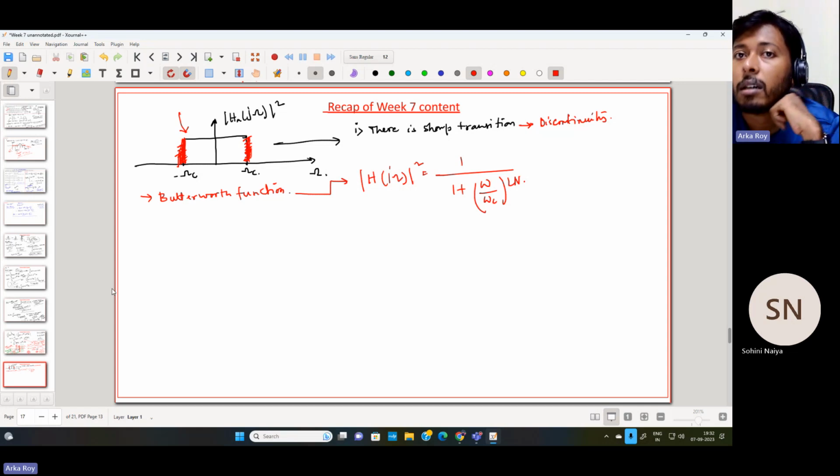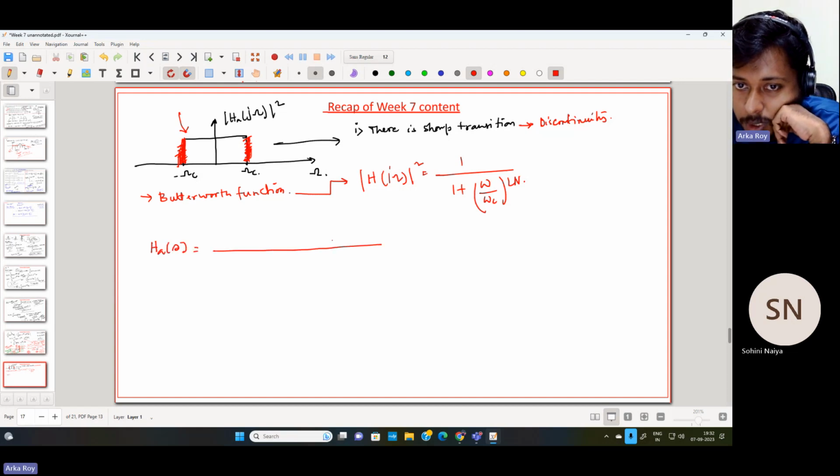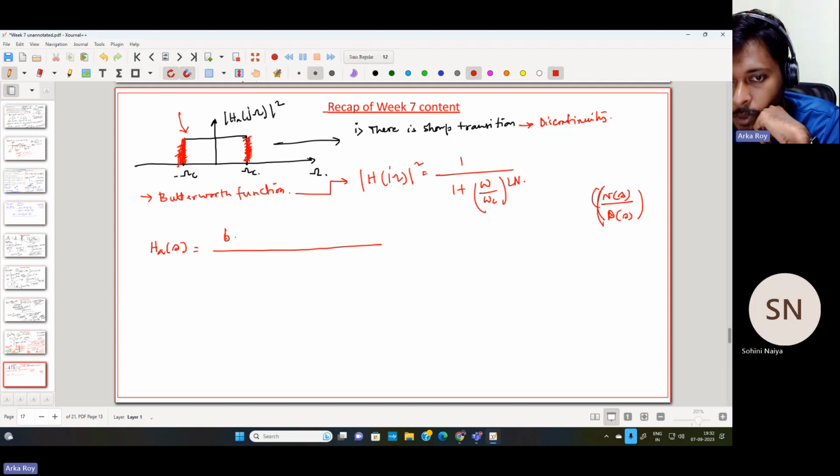As far as filters are concerned, the Laplace transform of any filter should have this particular representation, N(s) over D(s). So this will give you the transfer function representation.